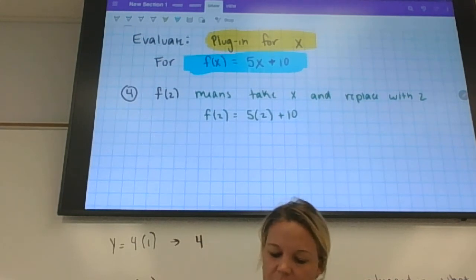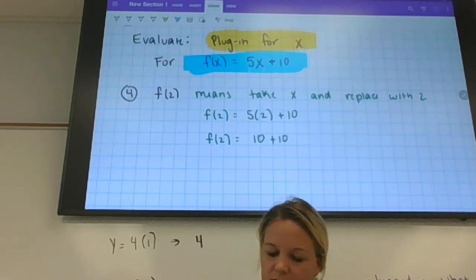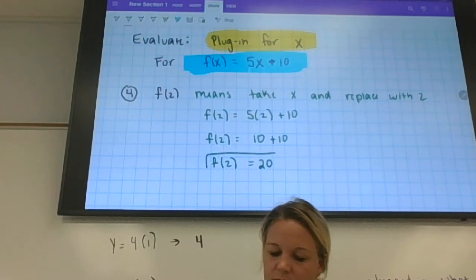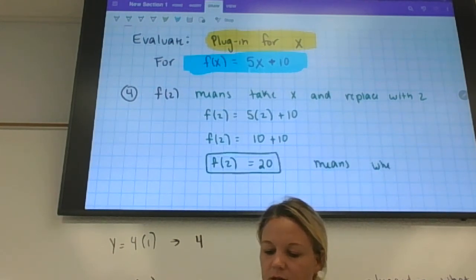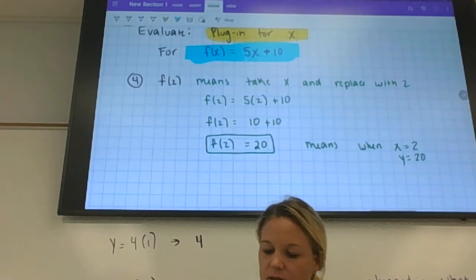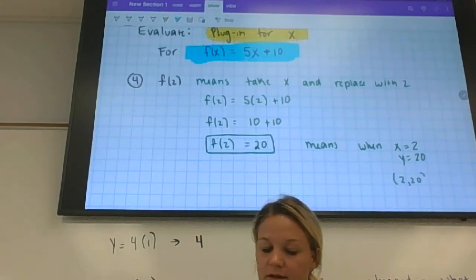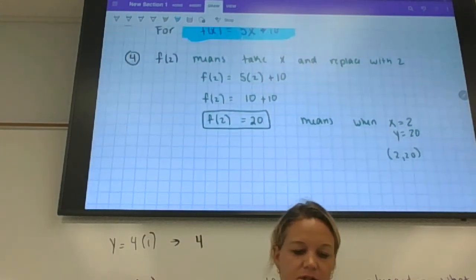So now I'm going to keep going. F of 2 equals 10 plus 10. F of 2 equals 20. And that means when x is 2, y is 20. It's an ordered pair 2, 20. There's a whole lot that it means, actually.